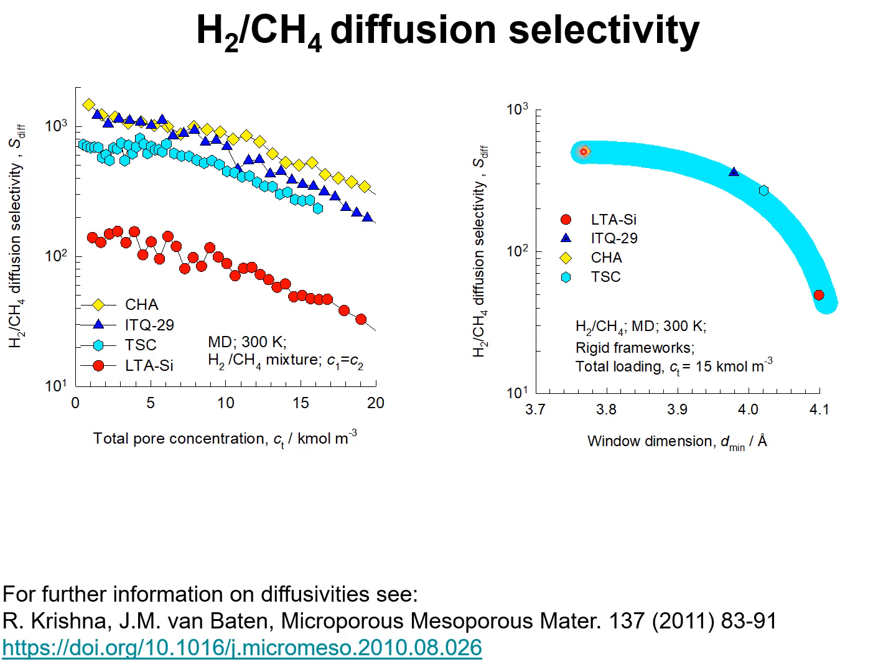The diffusion selectivities correlate well with the value of d min, which represents the smallest window aperture for these 4 cage type structures. The highest hydrogen methane diffusivity is realized with chabazite, and the smallest hydrogen methane diffusion selectivity is obtained with all silica LTA zeolite.